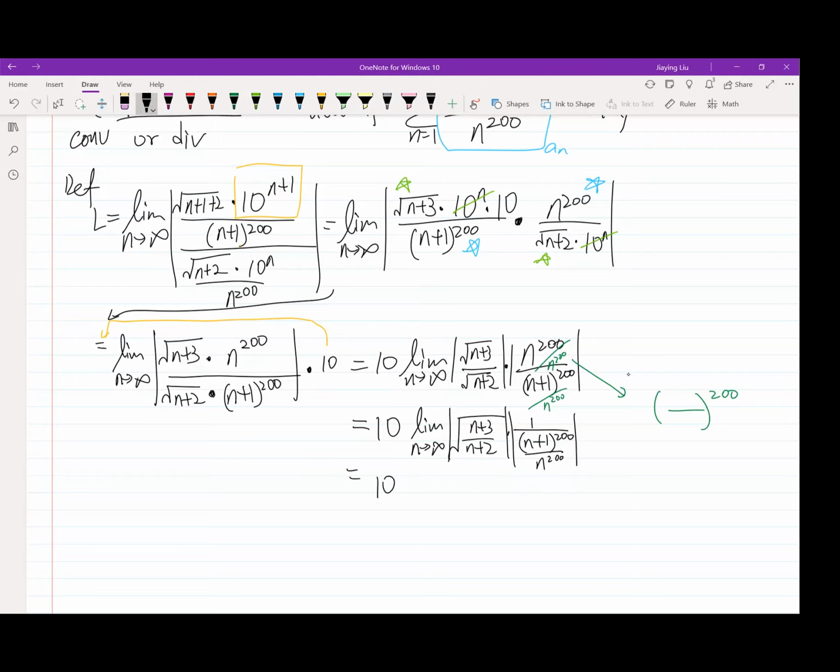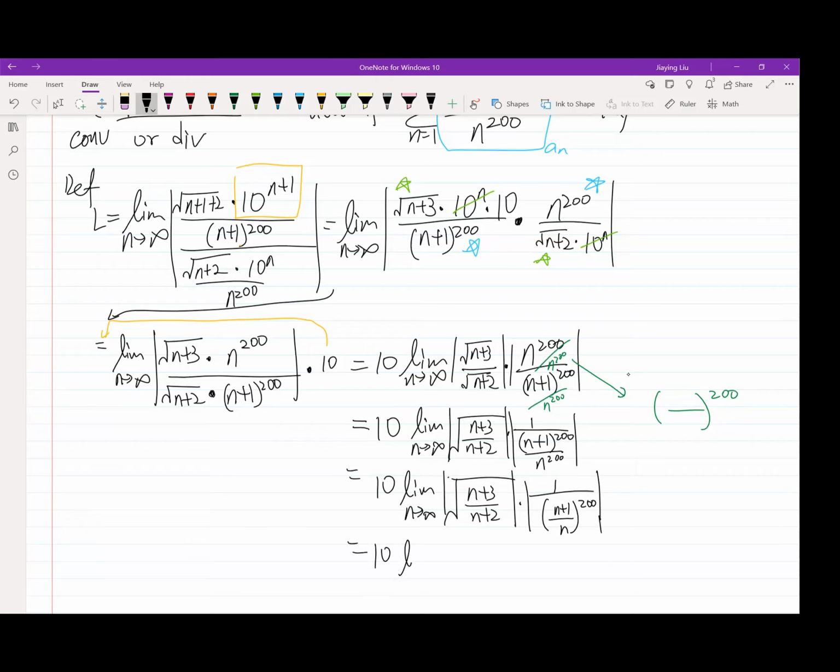So that becomes the limit as n goes to infinity. The first part is still the square root. The second part is 1 over, in the denominator, and now I'm going to put it together as a single exponent: (n plus 1) over n, raised to the 200. The benefit of doing that is that now we can split that term in the denominator as two fractions.